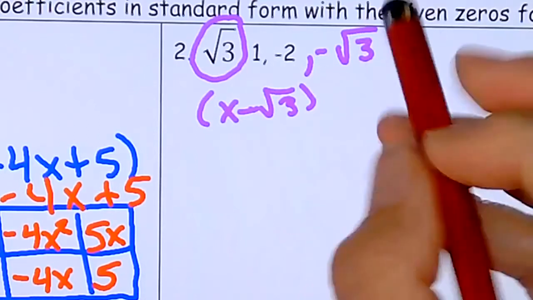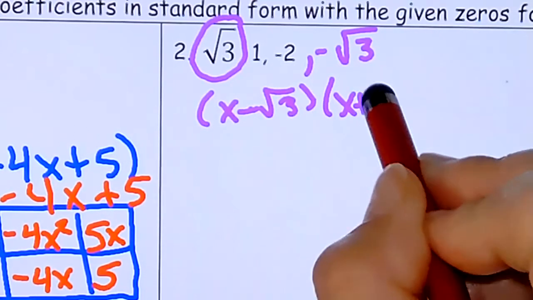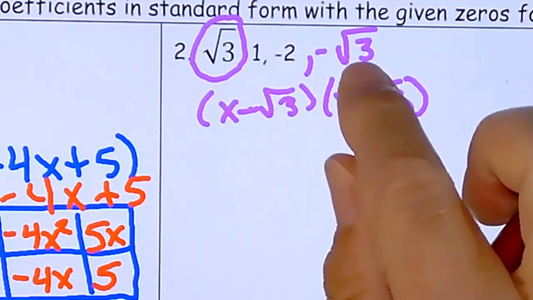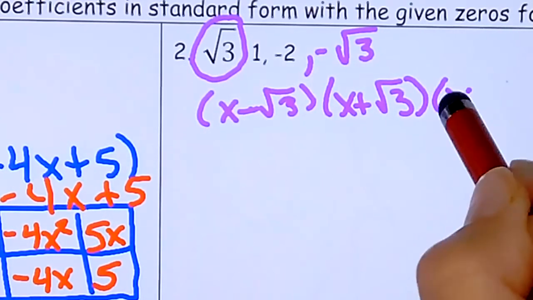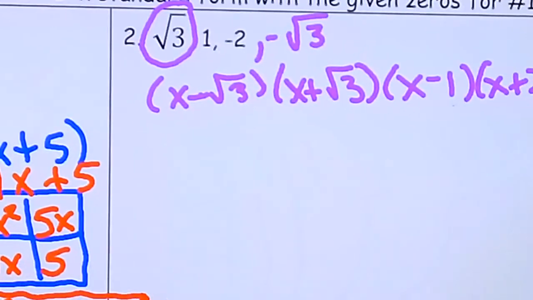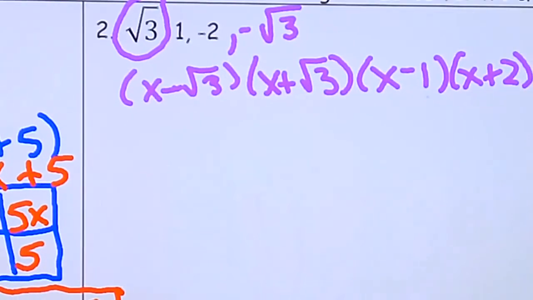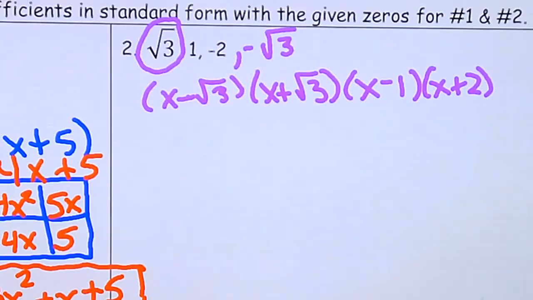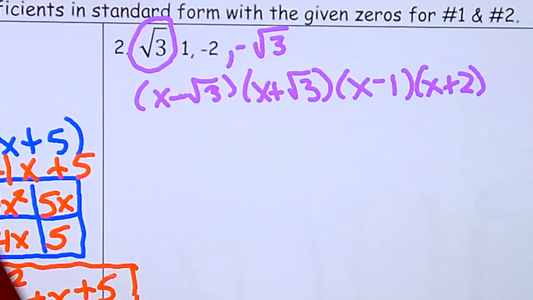And here, I'm going to write the x plus √3 for the one I just found. And then I have an x minus 1 for that positive 1, and an x plus 2, that would give me a -2. Okay. And so now what I'm going to do is multiply these things together.